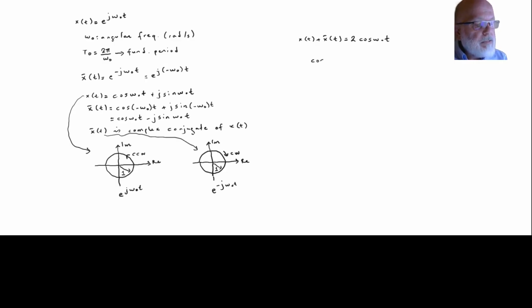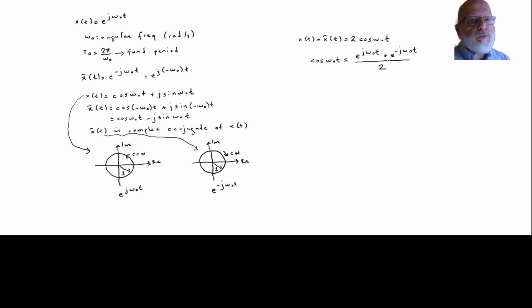So cosine omega 0 t is simply e to j omega 0 t plus e to minus j omega 0 t divided by 2. Therefore, the real valued signal cosine omega 0 t has two frequency components, omega 0 and minus omega 0. Now remember that at the beginning I told that the complex exponential signal is the building block in signal theory.